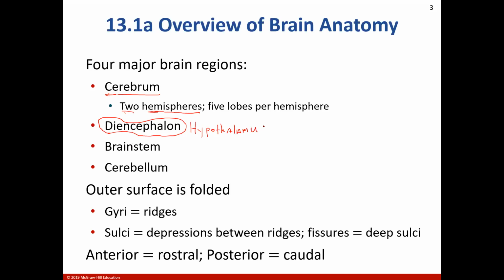This is all autonomic, homeostatic. Right? We think with our cerebrum lobes, cortexes. Another part of the diencephalon is the thalamus. And that has a lot to do with sensory information, except for smell. It's a relay station for sensory.